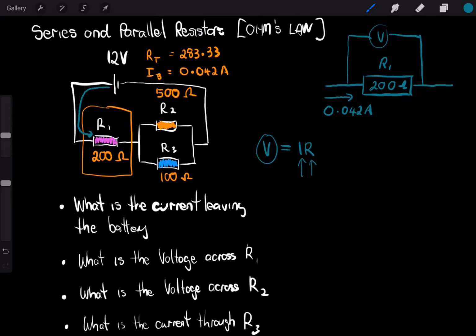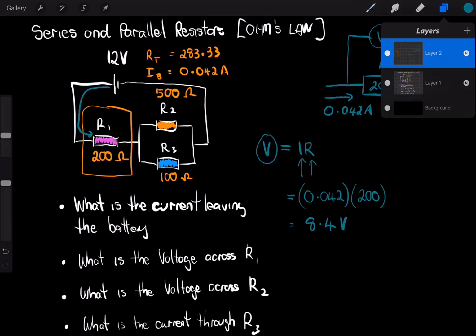So V will equal the current through it, 0.042 amps, multiplied by the resistance, 200 ohms. From calculation, that will be 8.4 volts. So we know the voltage across resistor R1 will be 8.4 volts.